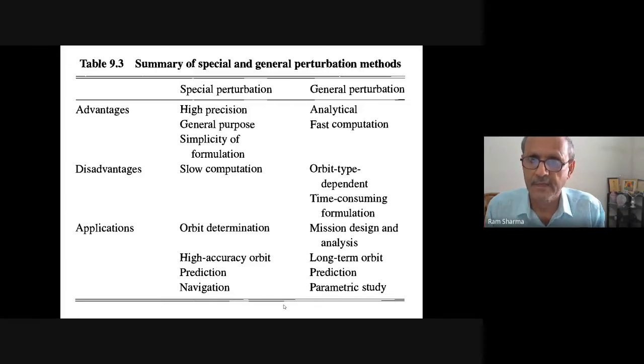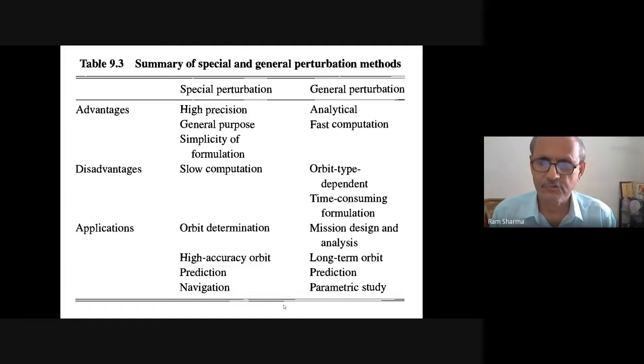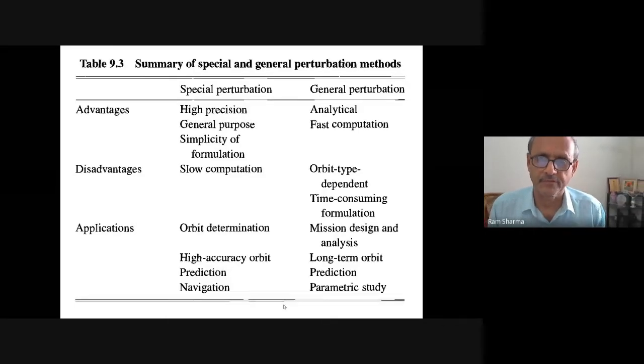General perturbation is analytical, with fast computation. You can do it because you have to put in only your independent variables, and then you go on calculating the orbit. But for modeling, when any project is designed, you have to do 1,000 calculations, many times.